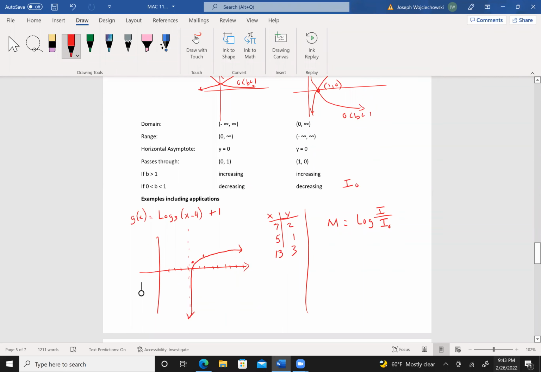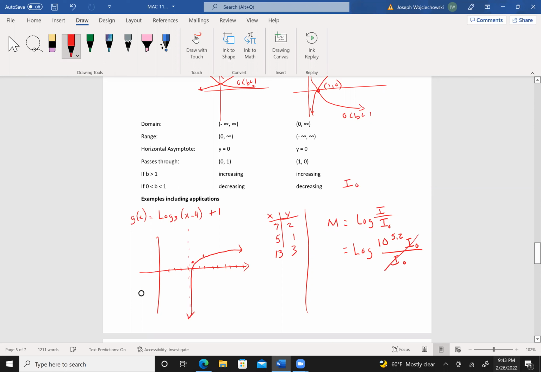Now it says determine the magnitude of an earthquake that is 10 to the 5.2 times I sub 0. So what we're looking for is our magnitude is 10 to the 5.2 times I sub 0 over I sub 0.